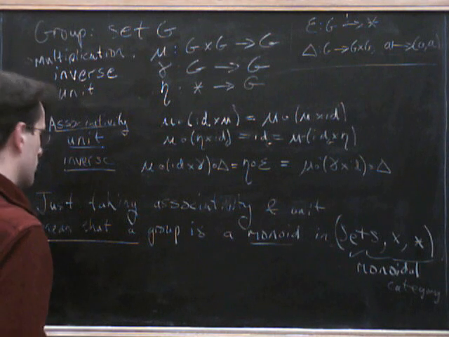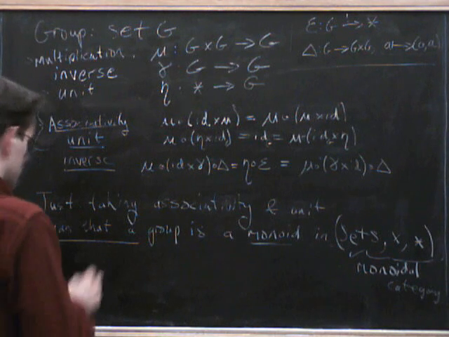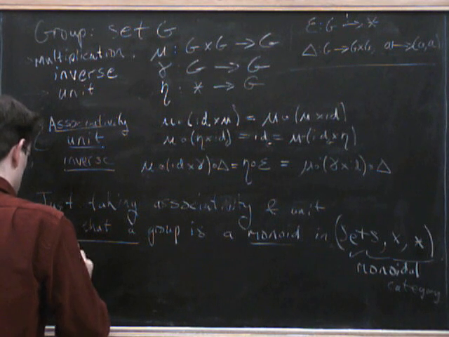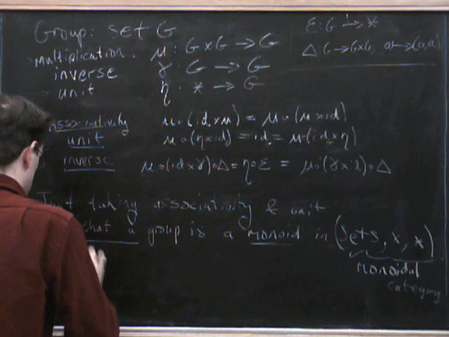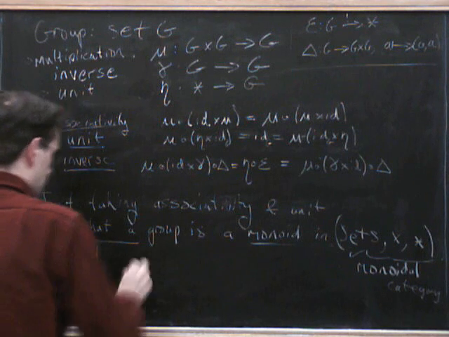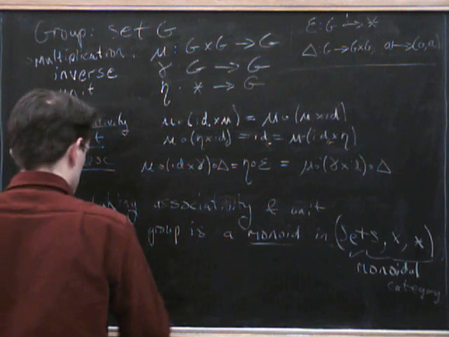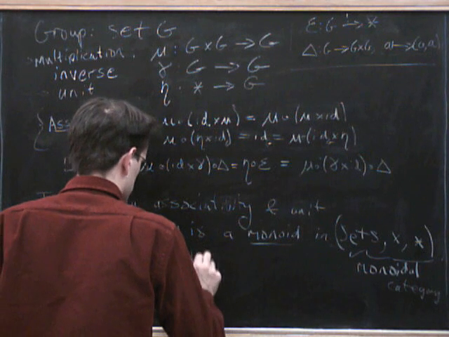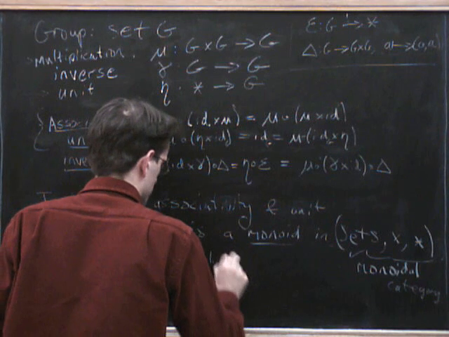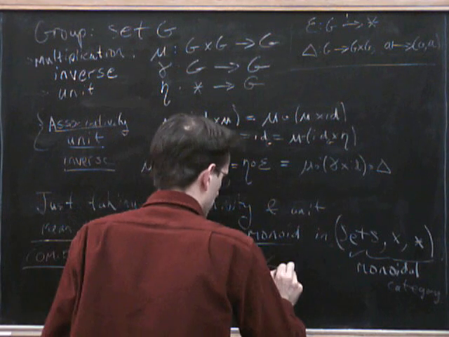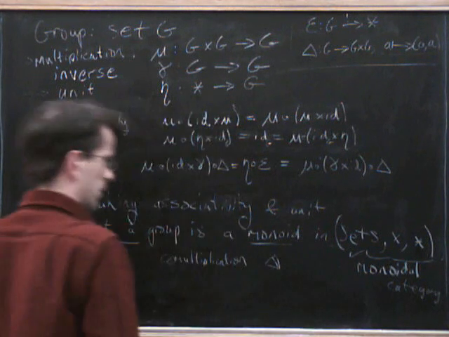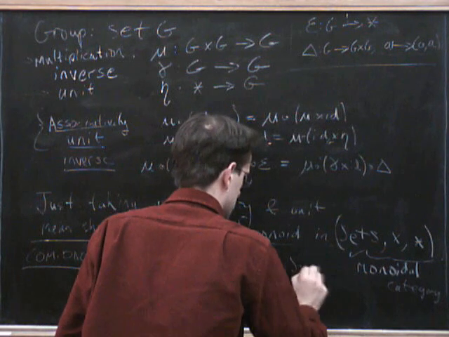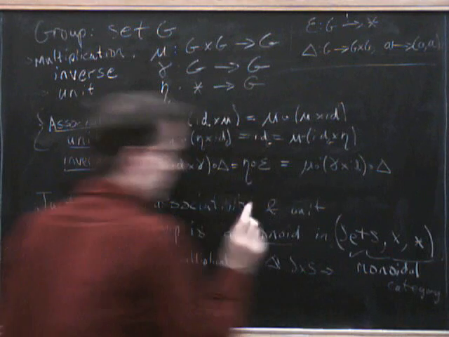So a comonoid is something with a co-multiplication. So S is going to be something with a co-multiplication. Well, not delta, but let's just call it thick delta, just not to confuse it with delta there. So this is a comonoid in sets.